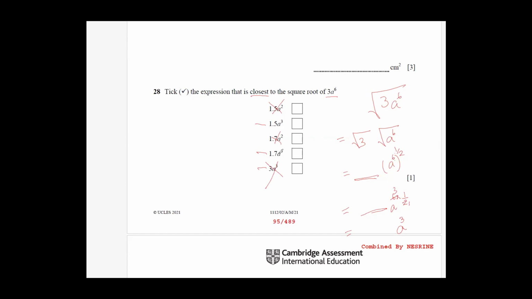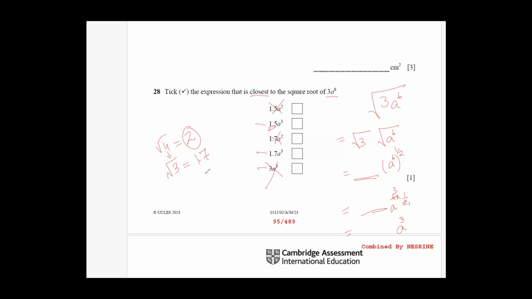Now we are left with these two options, 1.5a^3 and 1.7a^3. Since we know that square root of 4 is 2, the square root of a number lesser than 4, which is 3, would be closer to 2. That means it would be 1.7, not 1.5.